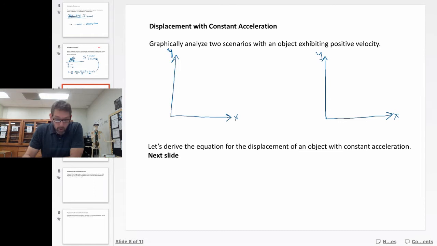All right, so we've got a situation where we want to look at a positive velocity. So we need a positive velocity here, and we need a positive velocity here. If we think about this for a second, it kind of makes sense. It doesn't matter which one you start on. If you have a slope line like this, we could look at that slope line, and obviously we're looking at delta V over delta T on both of these.